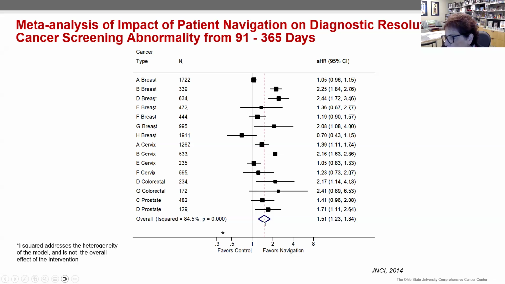This is the overall impact of navigation, and anything over 1 favors navigation. So overwhelmingly, there was a 50% increase in coming in and getting your abnormality resolved for those patients in the navigation arm.